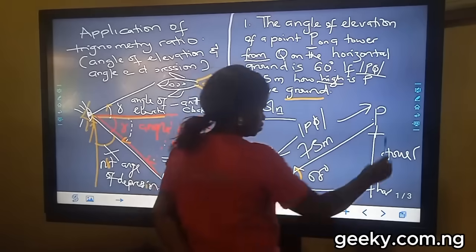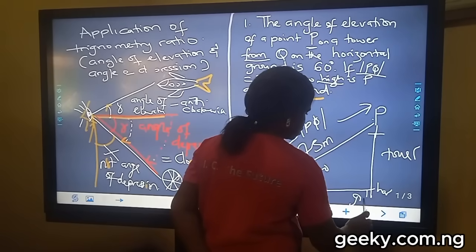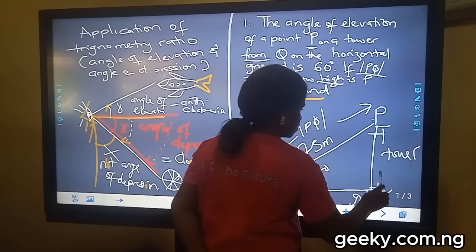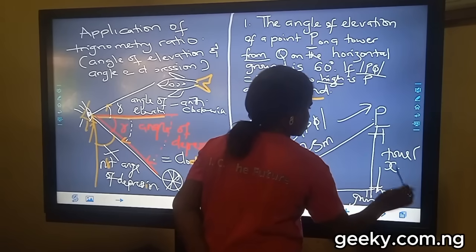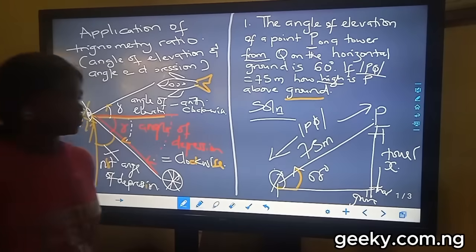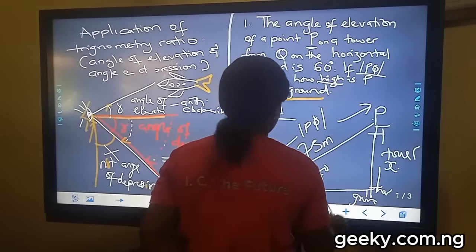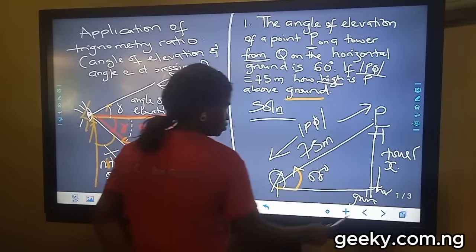Okay, so this is P, this is the ground, so the height of P from the ground is what we're looking for. That is now we'll call X. All right, so we're trying to find X, which is the height of P from the ground.